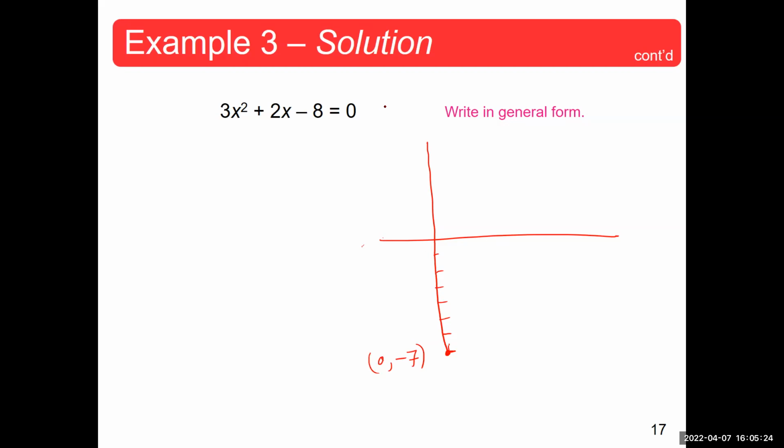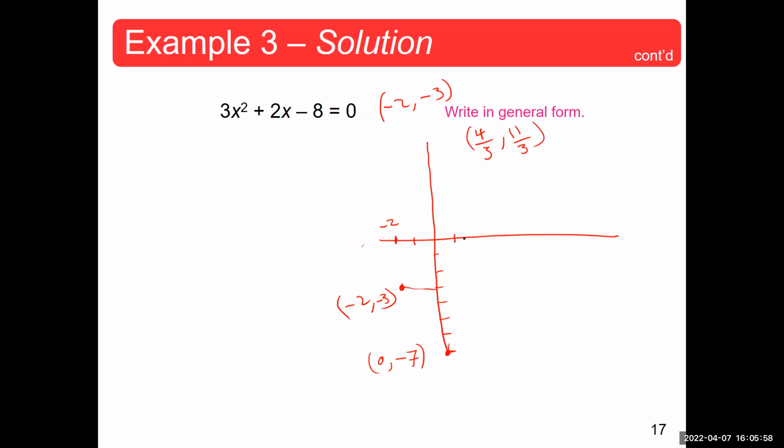We have -2, -3. That's 1 point of intercept. So this is -2, -3. What's the other point? The other point was 4/3, 11/3.